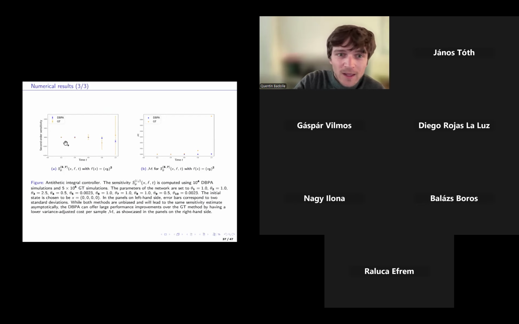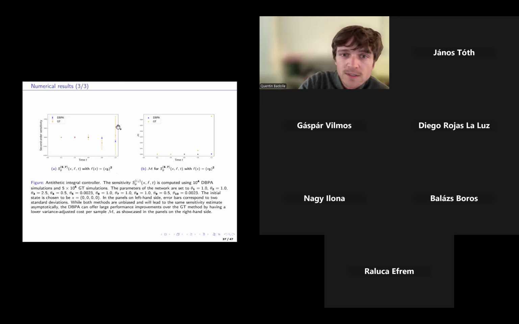So on the left, you have a plot of the estimate of the second order sensitivity by the two methods, the DBPA and the Girsanov transform. The DBPA is in blue and the Girsanov transform is in yellow. And we've computed the estimate for a range of times. This is when you consider the output as being the square of the abundance of the second species.